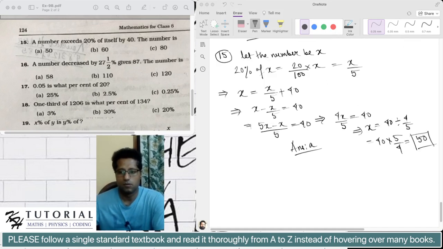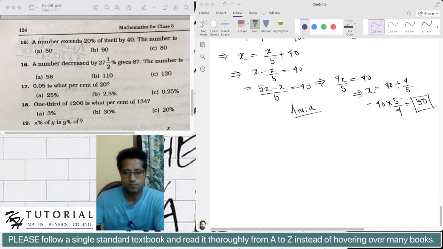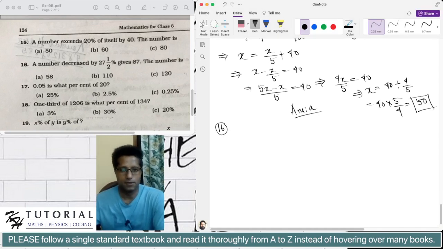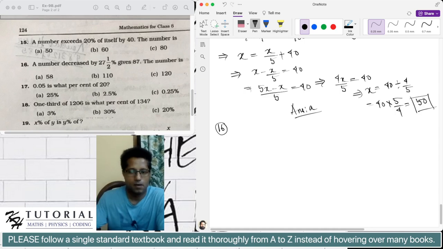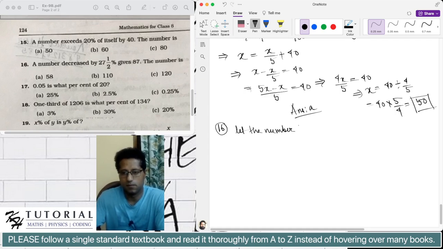Okay, let's do problem number 16. A number decreased by 27.5% gives 87. The number is, okay, so let the number be x. A number decreased by 27.5%.